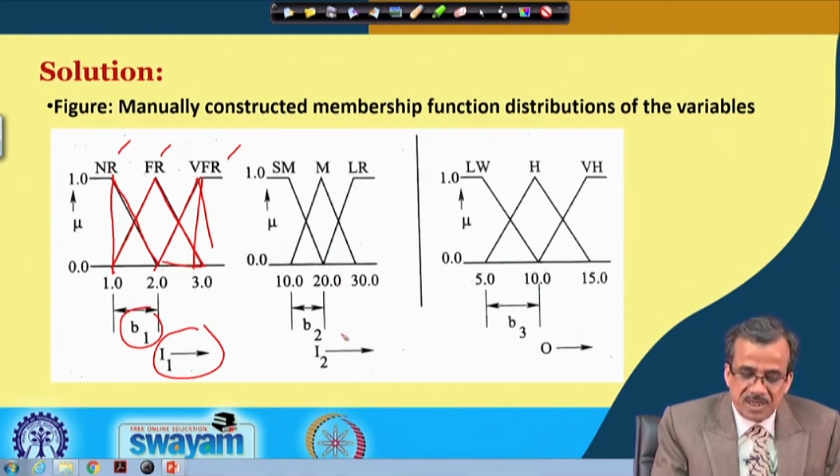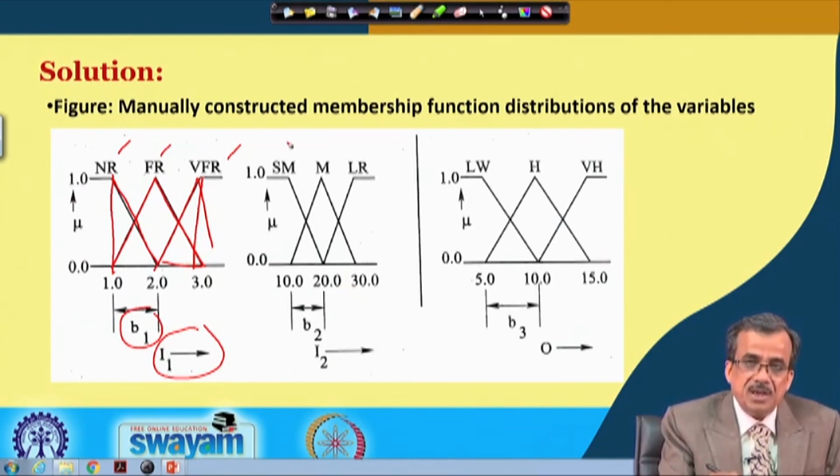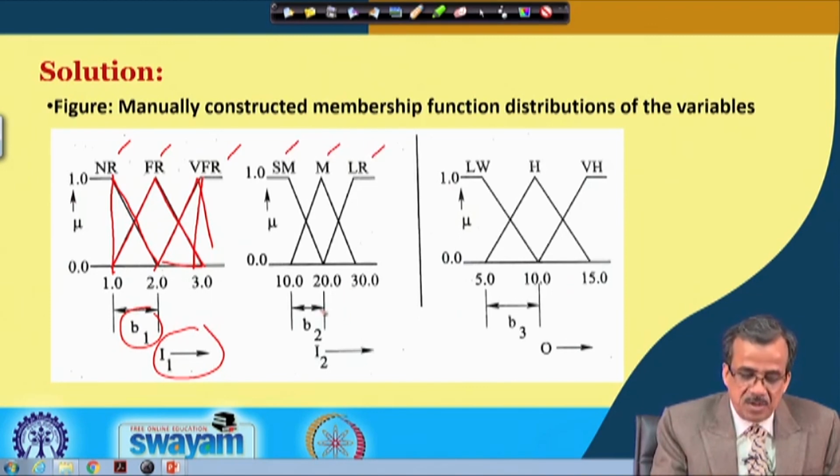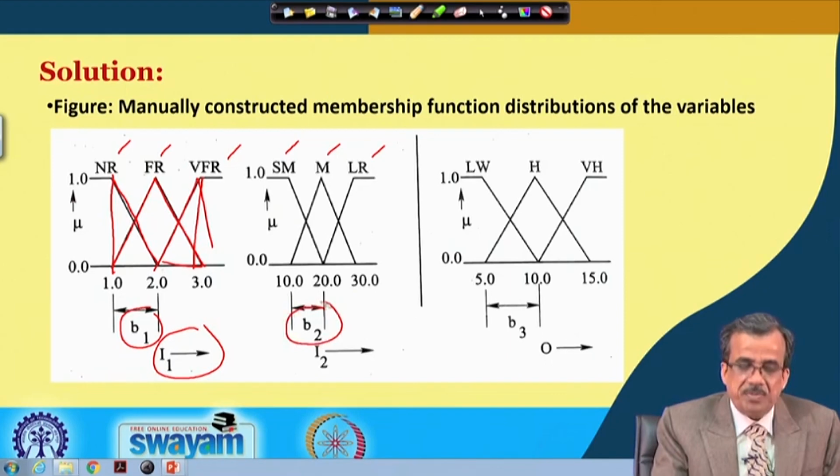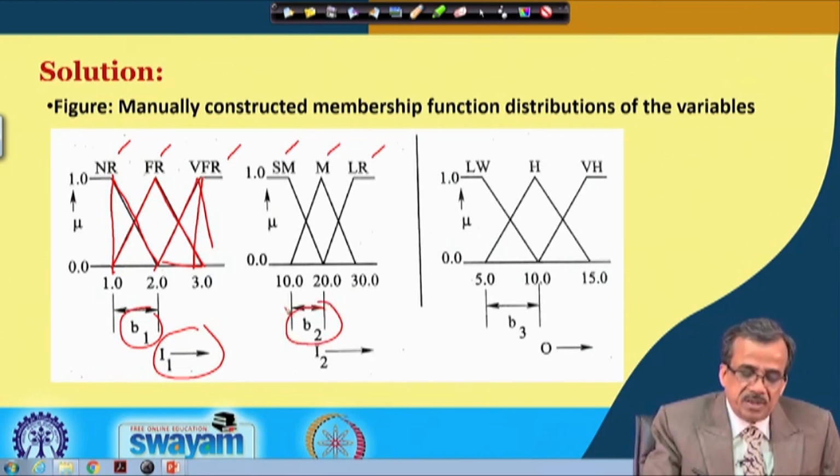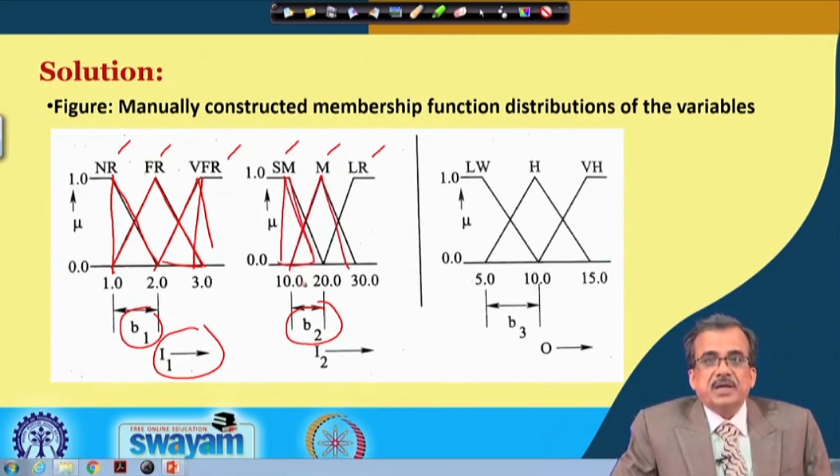Similarly, to represent I2, we use three other linguistic terms, that is small, medium and large, and B2 is used to represent the half base width of this isosceles triangle or the base width of this right angle triangle.